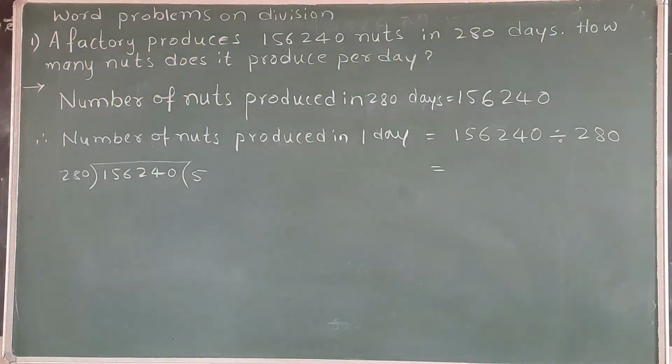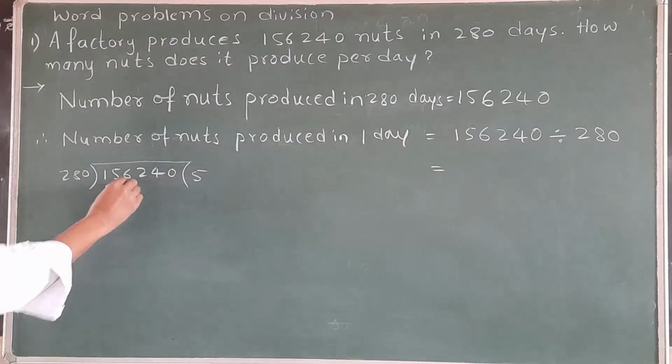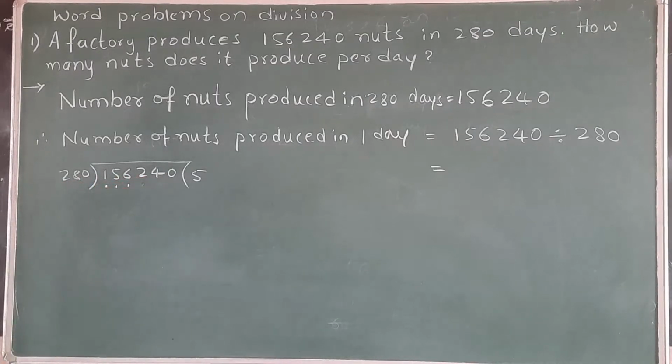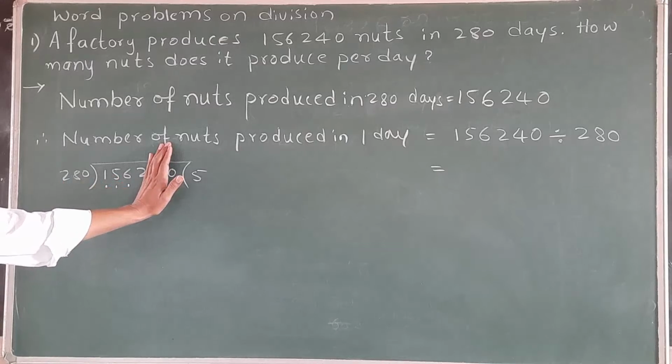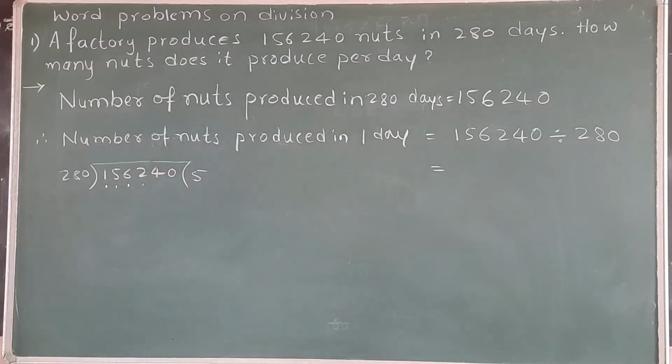That is, we should know the table of 280. First we will take 280 table; 1 is not there, 15 is not there, 156 is not there. We will take 2. Now 15 becomes 1562. Now we search for 1562, which is not there.